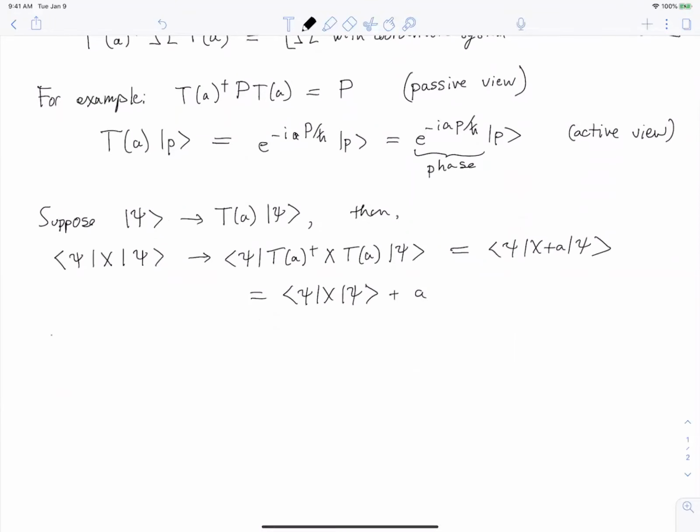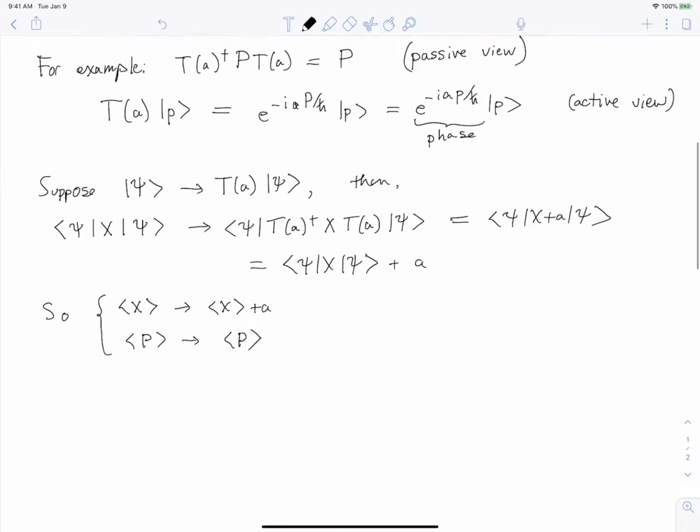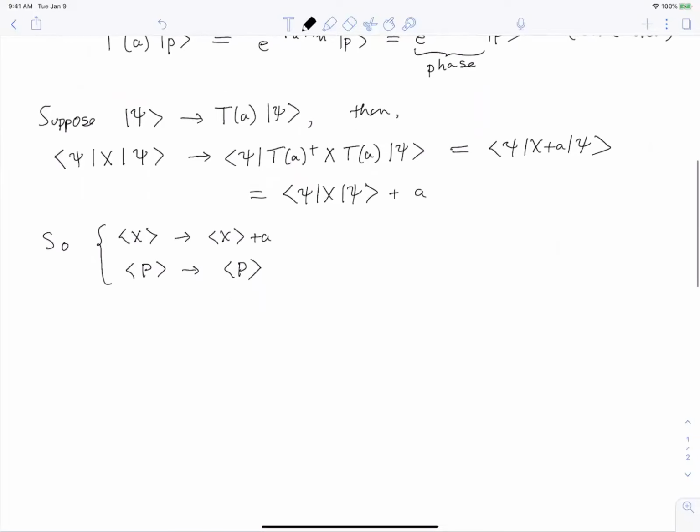Okay, and so what has happened is if you do a translation, just as you might expect, the expectation value of x gets replaced by itself plus a, and the expectation value of the momentum, if you shift everything by a, doesn't change. Okay, so expectation values behave in sort of the expected way. Now let's think about the special case of an infinitesimal translation.